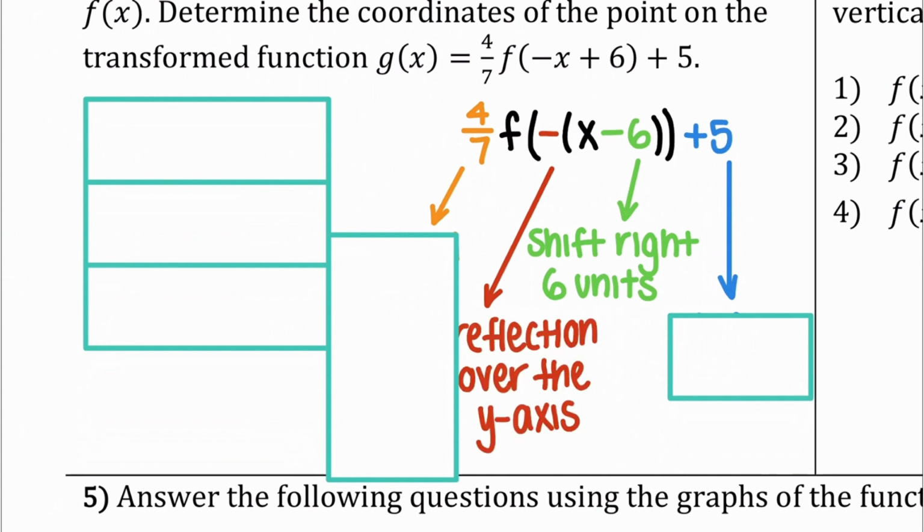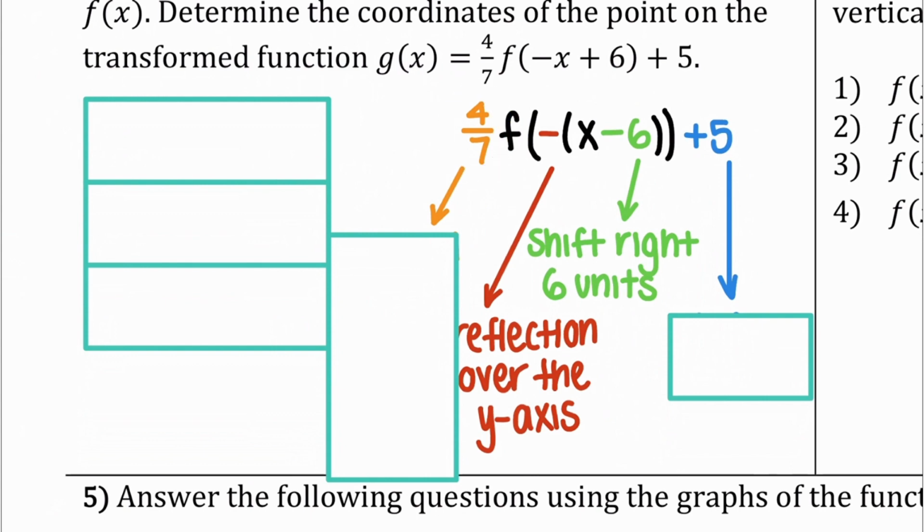That negative is going to show us a reflection over the y-axis because we're negating the x values. Plus 5 tells us, so these two values, because they're on the outside of the function, we're changing the outputs, or in other words, the y values. So therefore, 4/7, if we multiply a number by 4/7, well, 4/7 is less than 1.